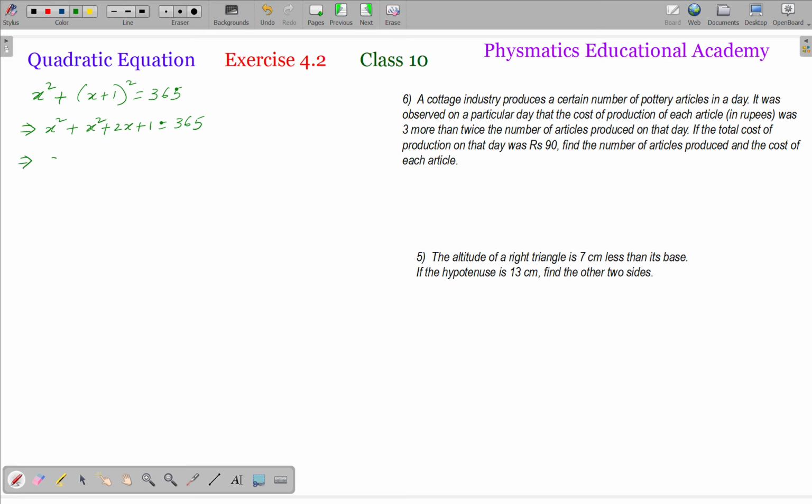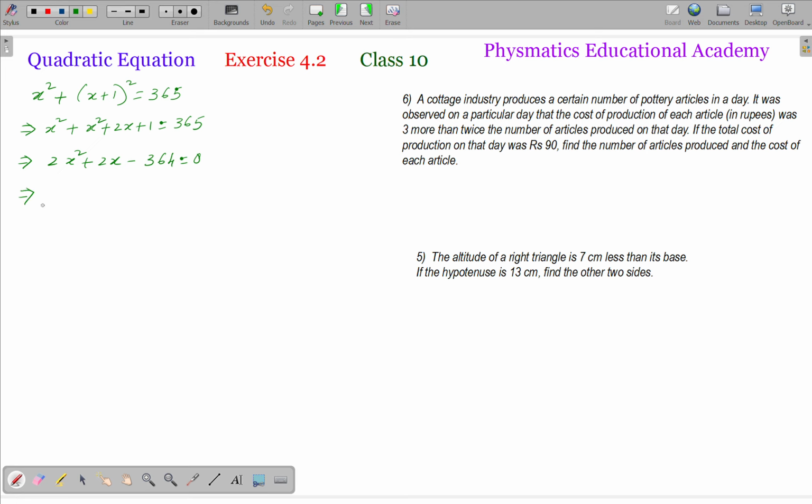That implies 2x square plus 2x minus 364 is equal to 0, since 1 minus 365 equals minus 364.